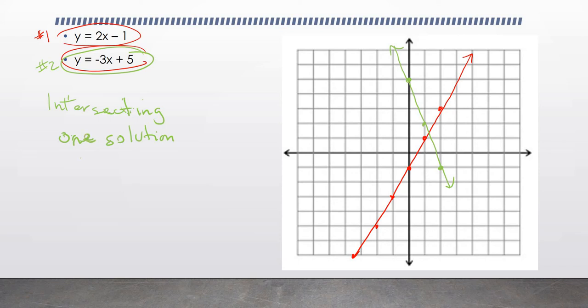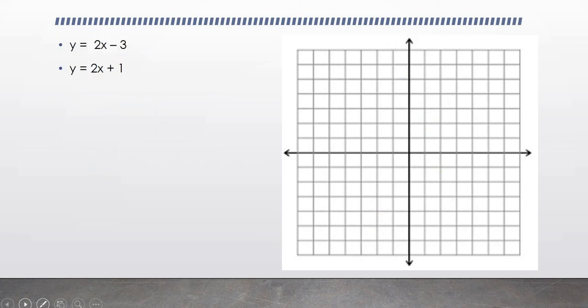Okay, intersecting lines, one solution, which makes them consistent and independent. Okay, and I'm not sure what this solution is. It's hard to tell from the graph, but there is one solution, one point that would make both of those statements true. Let's look at another one.